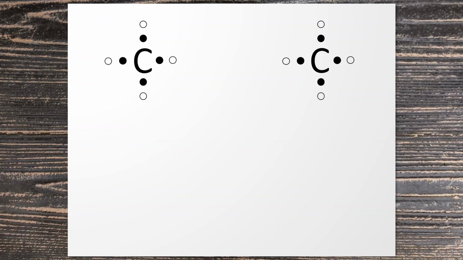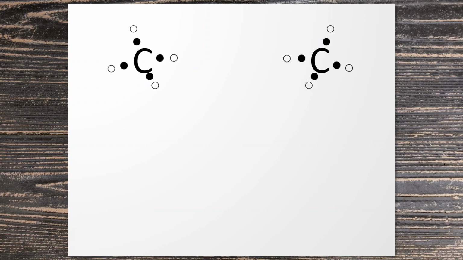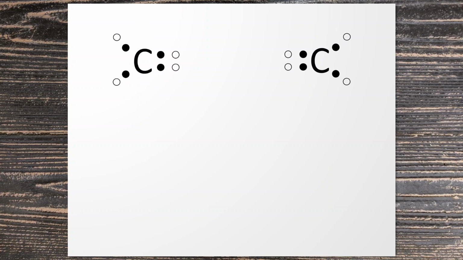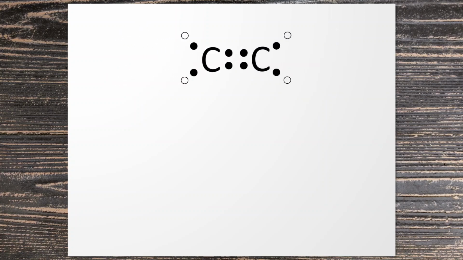Now, let's move on to double bonds. We have two carbons here. For them to form a double bond, we need to rearrange their electrons a little bit and have them come together. So now, in the middle there, you see that they are both providing two electrons and they're both gaining two electrons.